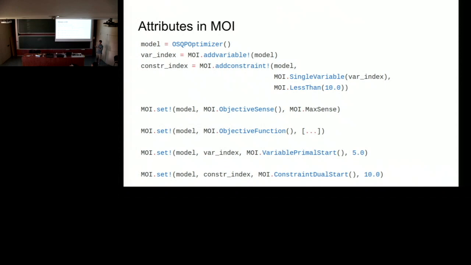We kind of use those two words interchangeably now. So the objective sense is an attribute. The objective function is an attribute. You would provide a scalar affine function if you want. Then you can set attributes on the variable. So you could define the variable primal start, which is the initial starting point for this variable. On that constraint, you could provide the constraint dual start. That's another attribute that we define.